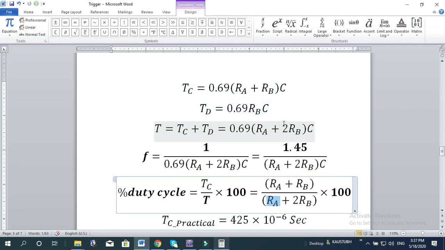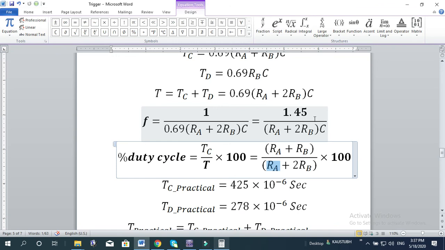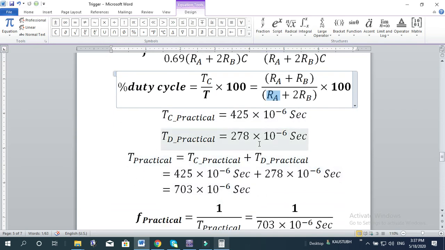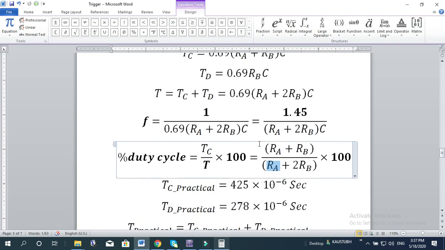Accordingly frequency is 1 by time, and duty cycle is the on time by total time into 100%. Practically and theoretically we obtain a slight difference which is negligible.